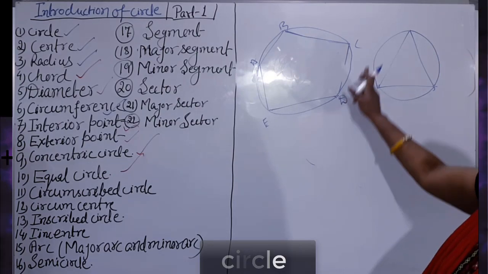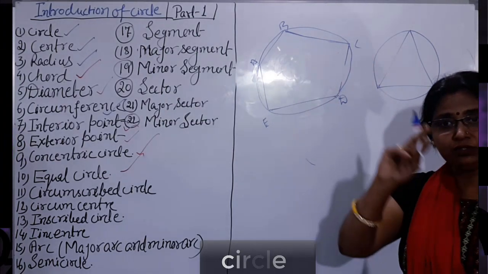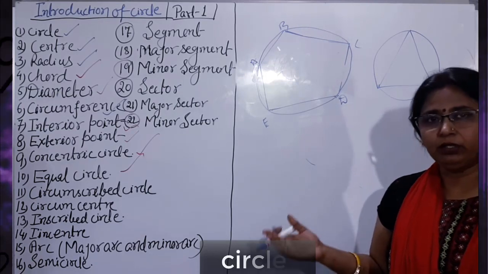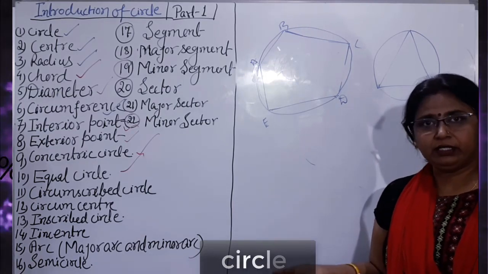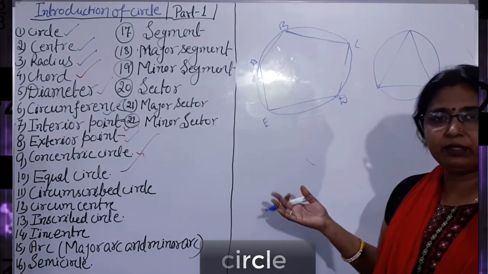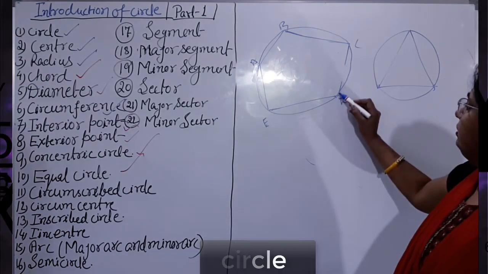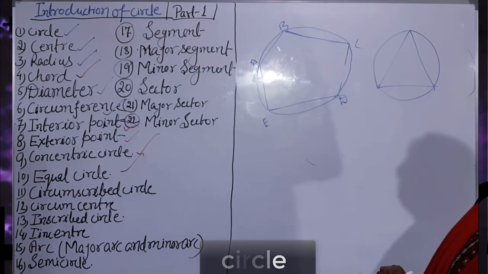That means a circle passing through all the vertices of any polygon, triangle, quadrilateral, pentagon, hexagon, heptagon, any polygon you can take, is called a circumscribed circle.